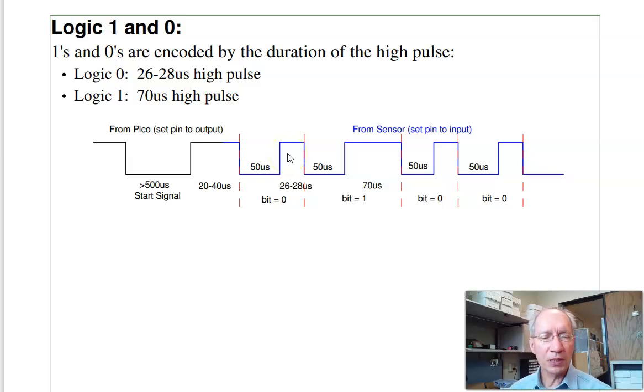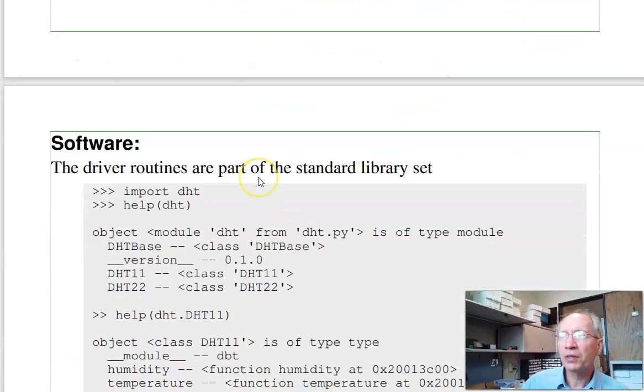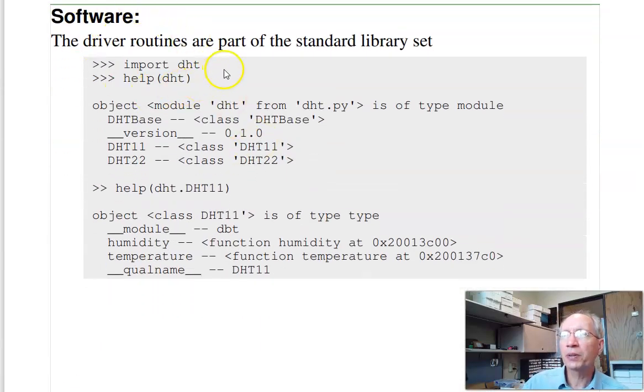Now, if this was 376 embedded systems, we could write an assembler or C routine to pull off the bits one by one. In Python, you don't really need to do that. I just need to import the library DHT. That's got the driver routines already written for you. DHT has these functions.